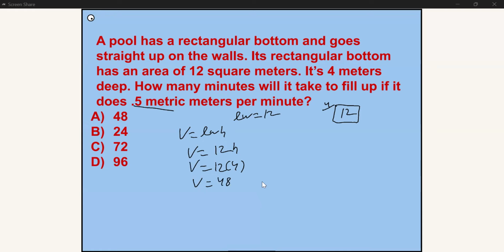So we see the answer 48, and you might be tempted to put that in, but remember, it's not asking for the volume, it's asking for how many minutes it'll take to fill up. So now we're going to do 48, and I like to write out the units. So meters cubed, right? And we're going to convert that to minutes. And this one is 0.5 meters cubed per minute.